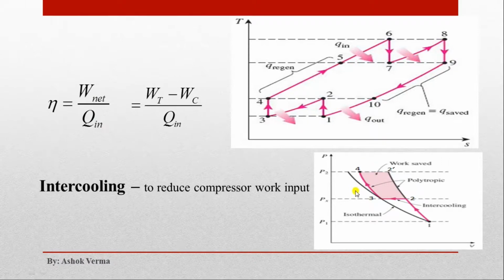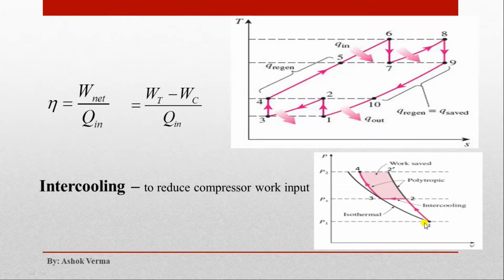In multi-stage compression, if you are compressing the air from P1 to P2, where P1 is the atmospheric pressure and P2 is your required pressure, by a polytropic process from point 1 to point 2, the work required will be this area from 1 to 2.